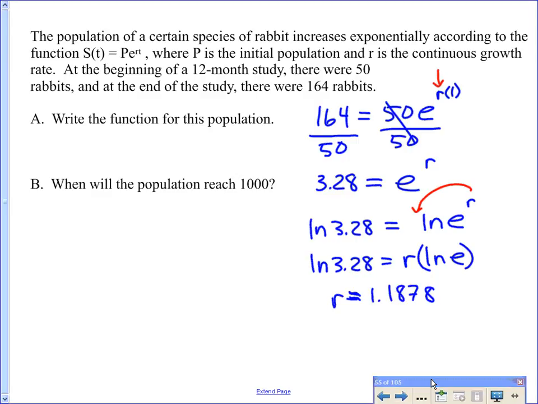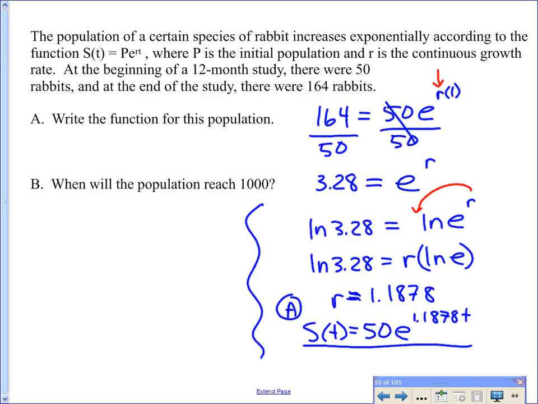Okay, so now that we know what r is, we can write our S of t is equal to 50 rabbits, e raised to the 1.1878 times the amount of time. Okay, so that's part A.